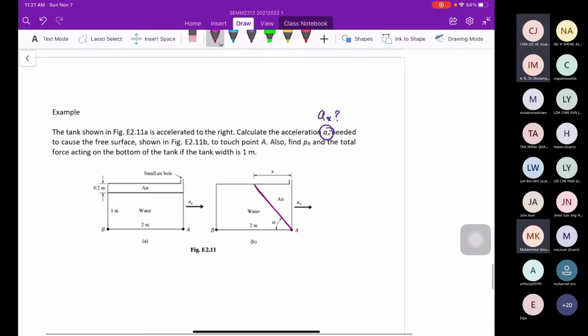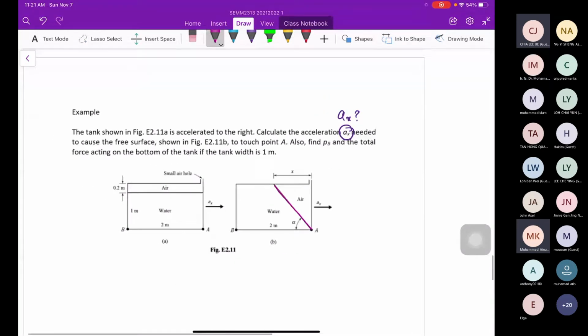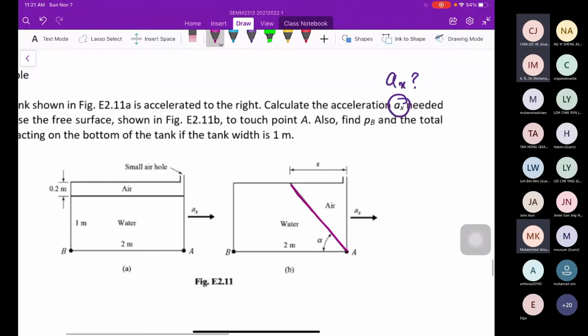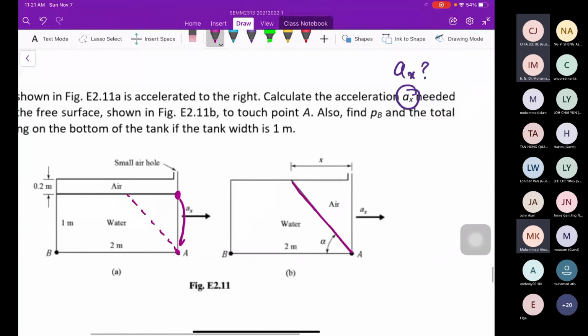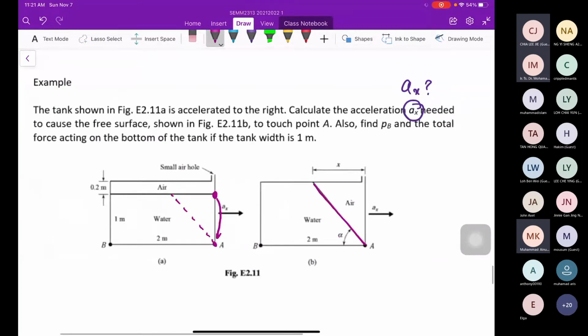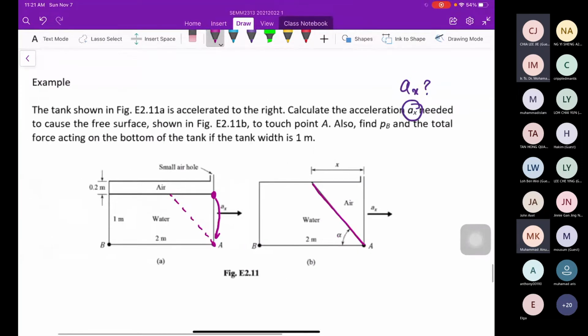To touch point A. That means this liquid container wants to touch at point A, this end must touch like this. Also find the PB and the total force acting on the bottom of the tank if the tank width is 1 meter.